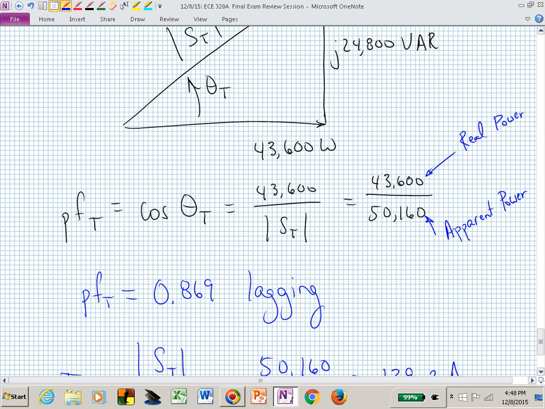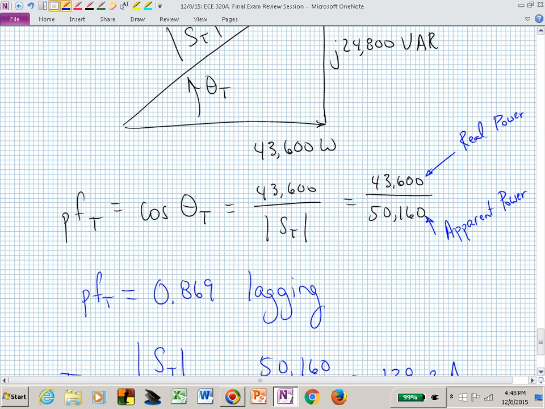We just had to use our Pythagorean theorem. We had to look at the real part, or the horizontal part, square that, add that to the square of the reactive piece, and take the square root to obtain 50,160. So once we had the apparent power, we said, let's just play with that. Let's not even worry about the angle. We could take the ratio of P to the apparent power to obtain the numerical value for our power factor, and since we had a positive Q, we knew that it was lagging.